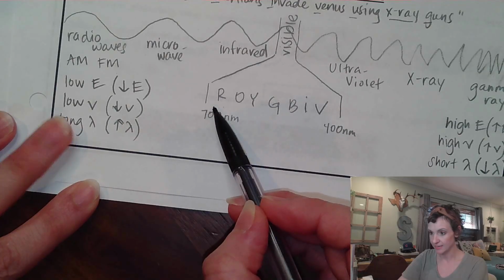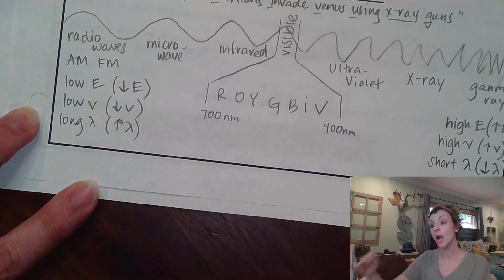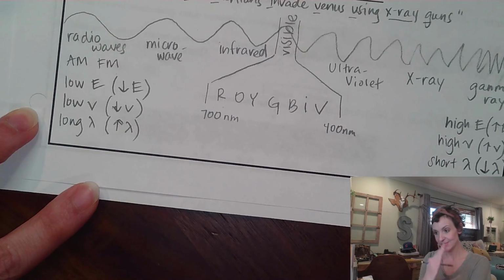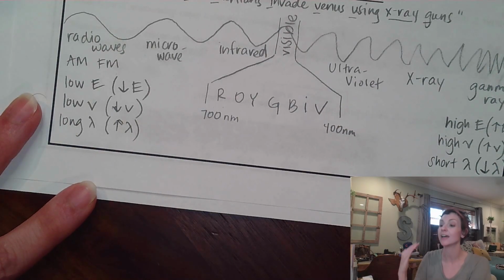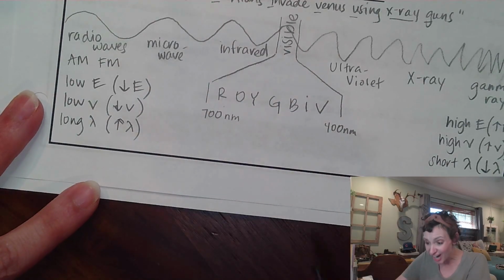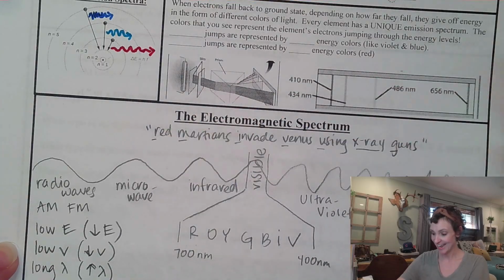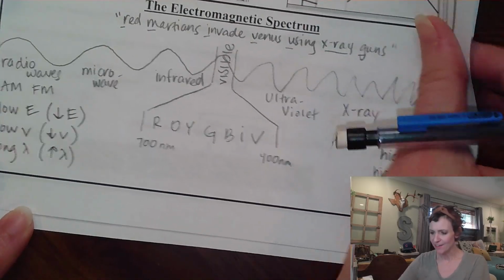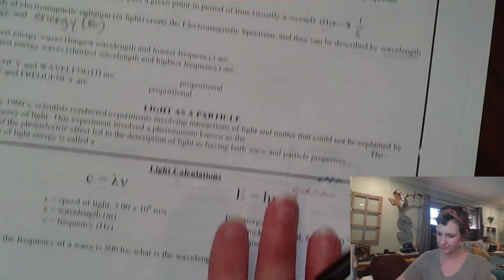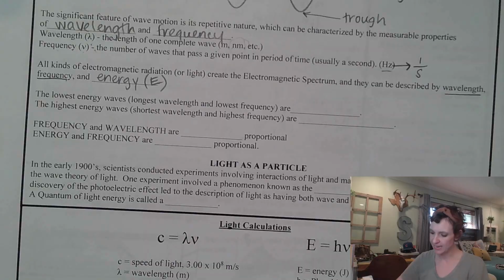And then over here on my red section of the electromagnetic spectrum, I got lower energy waves with longer wavelengths. And if I got a lower energy wave color, that's going to be represented by a much shorter fall. Yes? Okay.